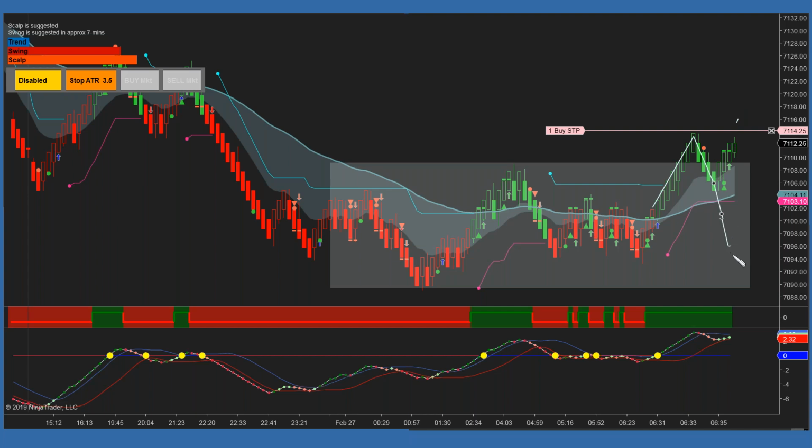If not, it will fail and likely go retest the bottom end of the trading range. To that end, depending how aggressive you want to be, you could also look to short this low. That is a judgment call.